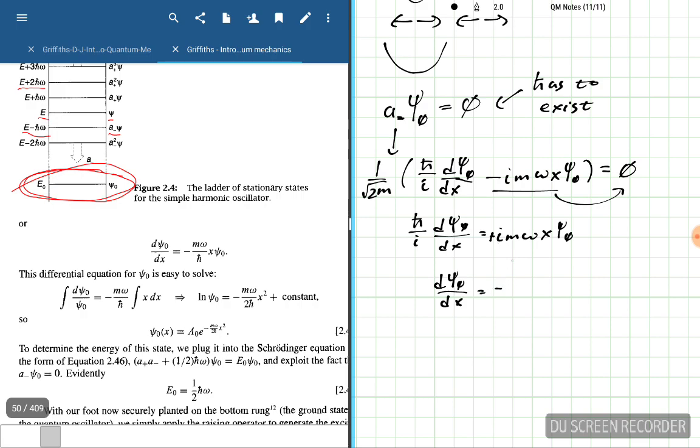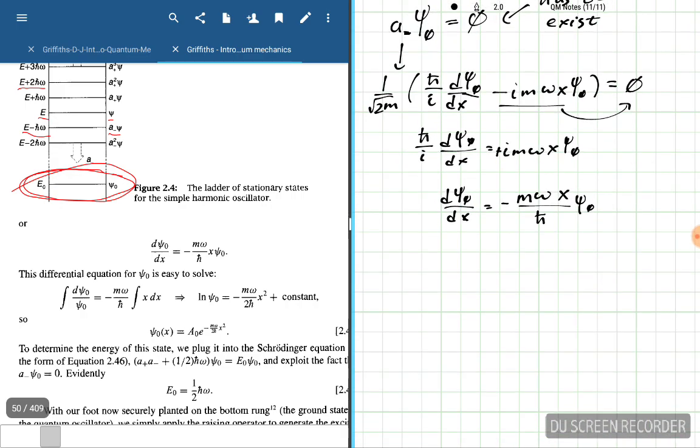So then I get negative 1, and I get m omega x over h bar psi naught. Okay, so here I have the change in psi naught divided by the change in x, or the slope of psi naught with respect to x, equals this.